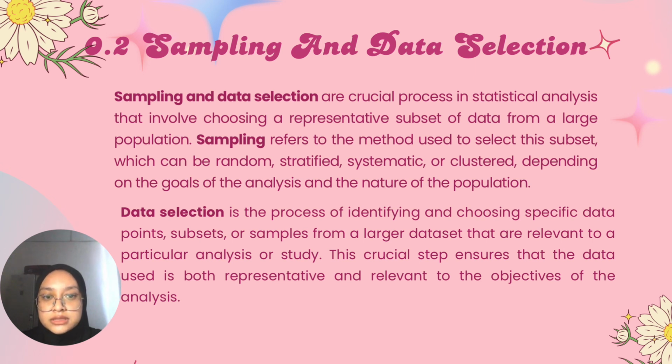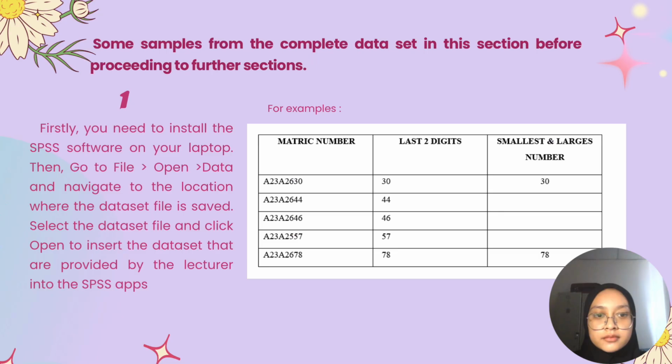Data selection is the process of identifying and choosing specific data points, subsets, or samples from a large dataset that are relevant to a particular analysis or study. This step ensures that the data used is both representative and relevant to the objective of the analysis.